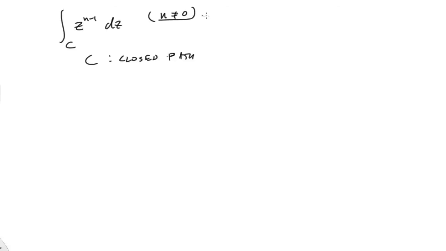So in the case n not equal to 0, of course, we have capital F of z equal to z to the n over n. In the n equals 0 case, however, capital F of z is equal to log of z, right?